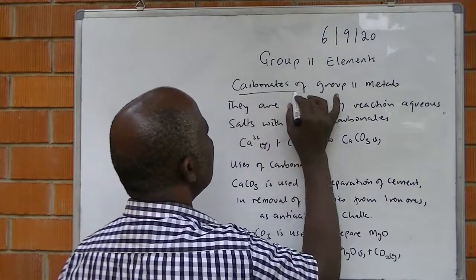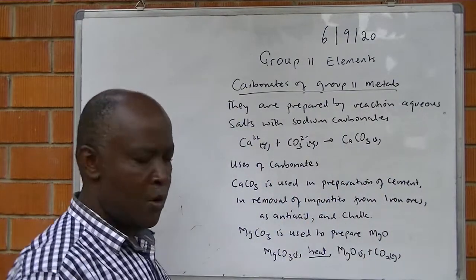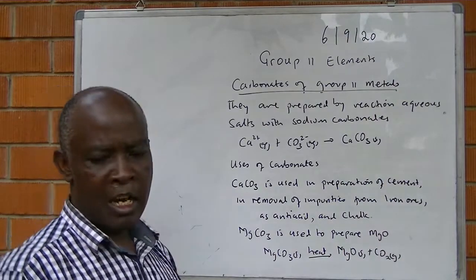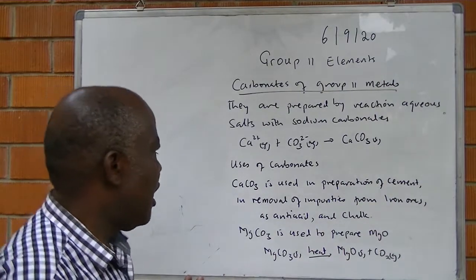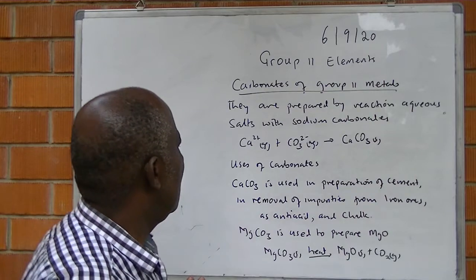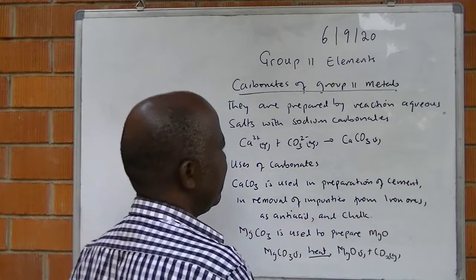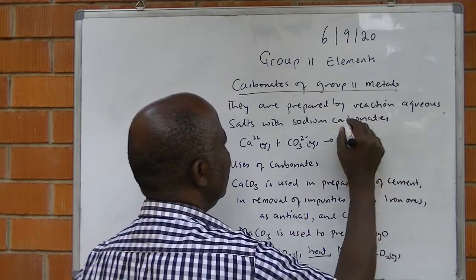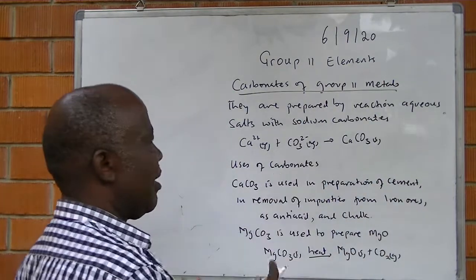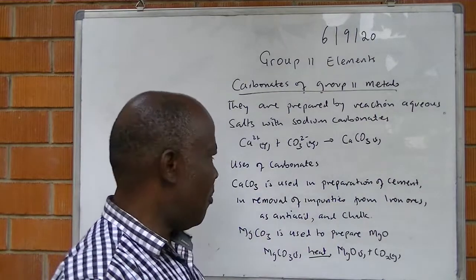Carbonates of group 2 metals are prepared by reacting aqueous solutions with sodium carbonate. Calcium plus carbonate, you get calcium carbonate.